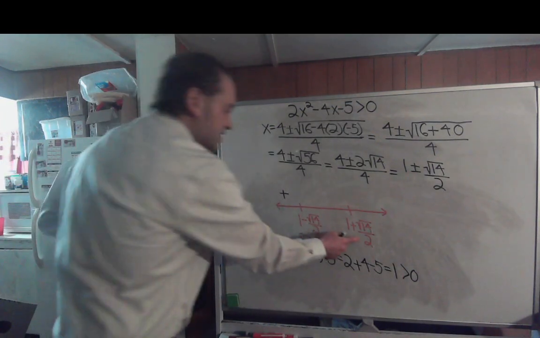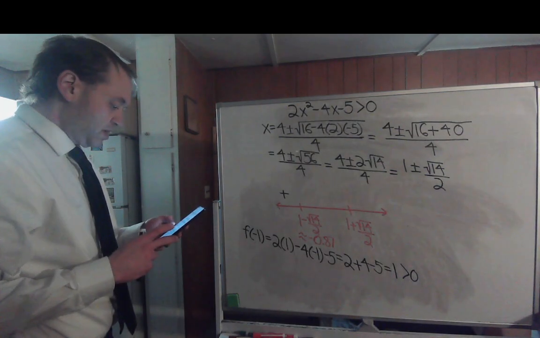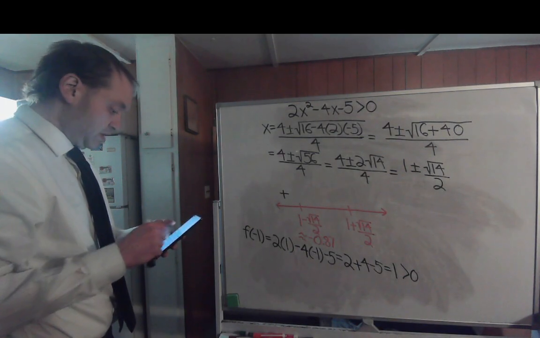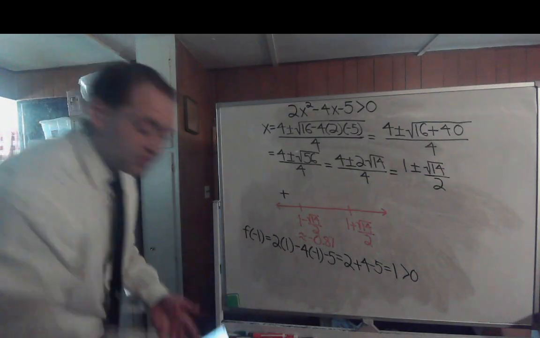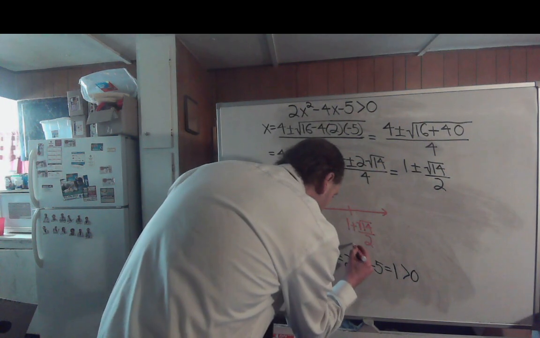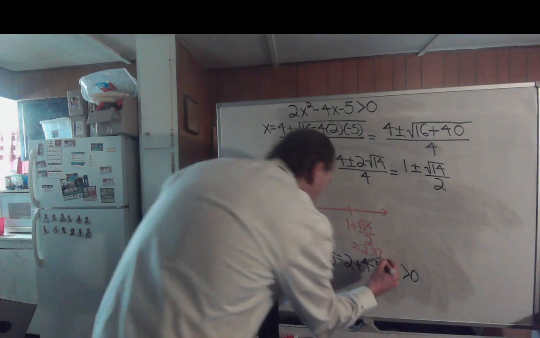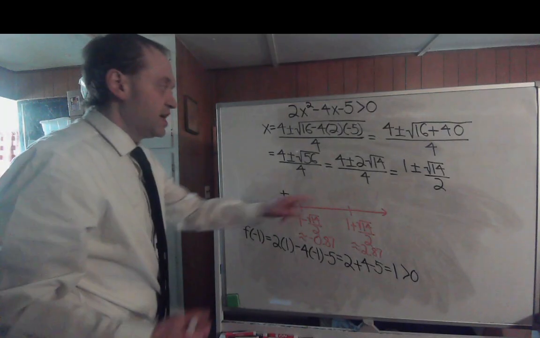Why don't we get a decimal approximation for this number too, so we know about what we're working with? So square root of 14 divided by 2 plus 1 would give me about 2.87. So that approximates to about 2.87 when you do it. So yeah, we can go with f of 0.